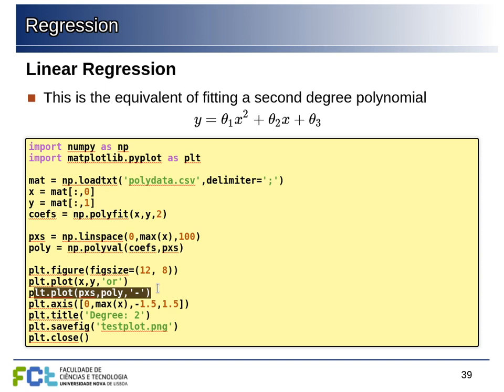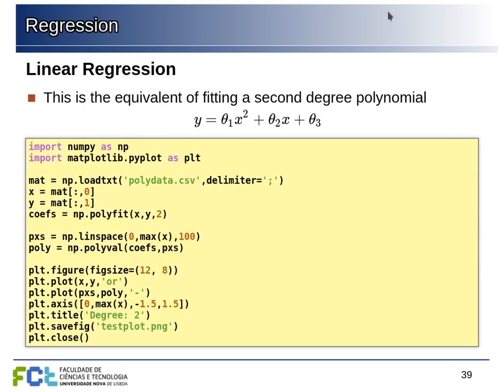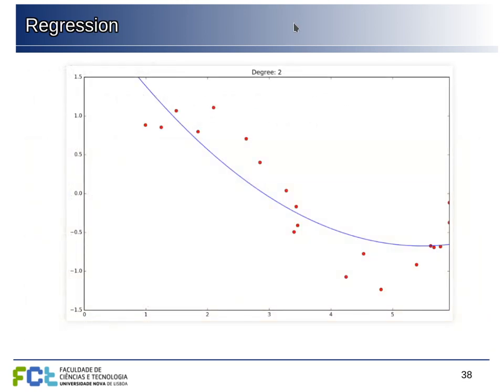But since we have many points, we used 100 points, these line segments, even though they are straight, appear to be a smoothly curved line. So this is just a trick for plotting this kind of graphs. We also plot the original data as red circles, and this way we can see the result here.